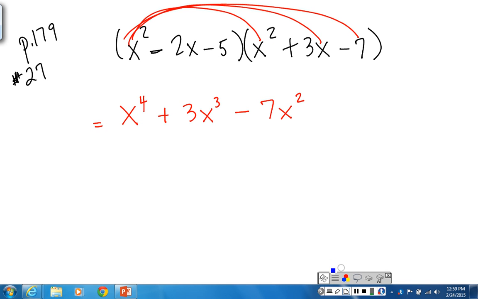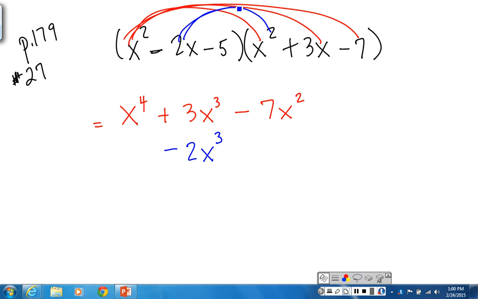And change colors. Negative 2x now times x squared. So now we're going to multiply negative 2x times everything. Negative 2x times x squared is negative 2x cubed. So I'm going to put negative 2x cubed under 3x cubed because they are similar. They are like terms. And that way I can keep up with my like terms.